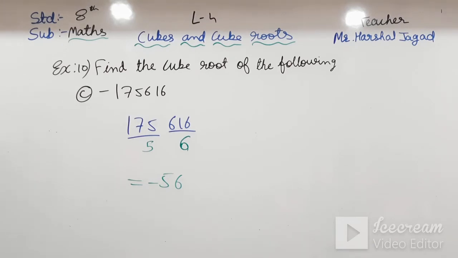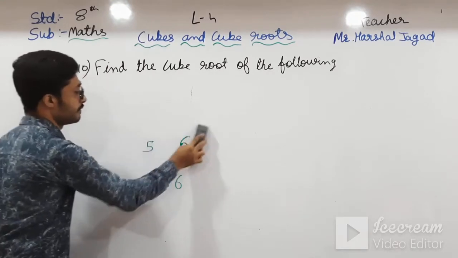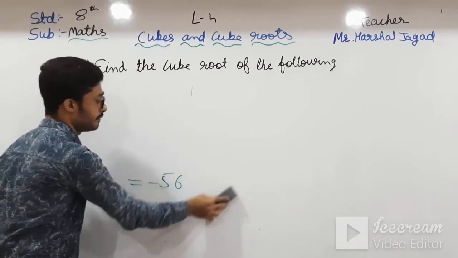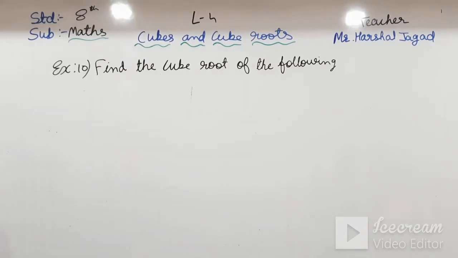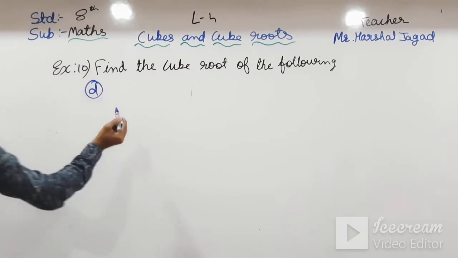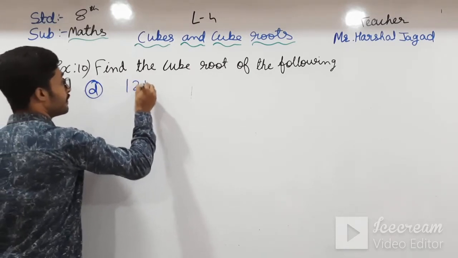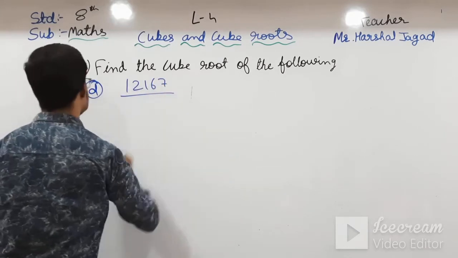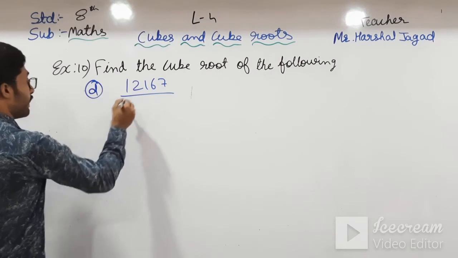Another one, D. D is 12167 divided by 68921.